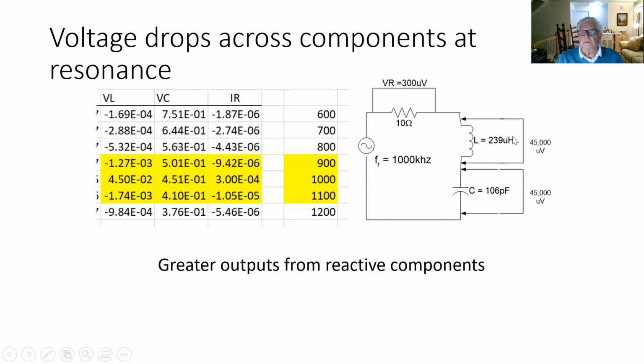Nevertheless, we still get 45,000 microvolts, which is much higher than the 3,000 microvolts that we get across the resistor. So we get greater outputs from the reactive components near the resonant frequency.